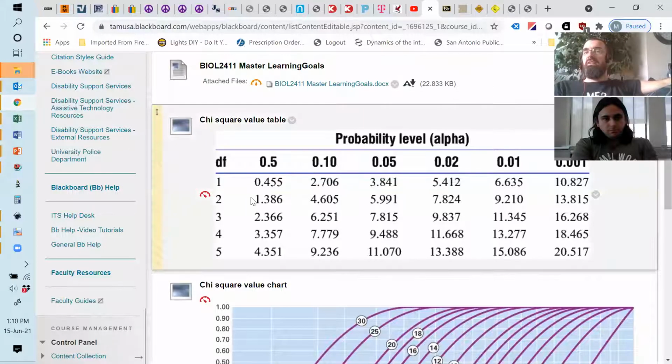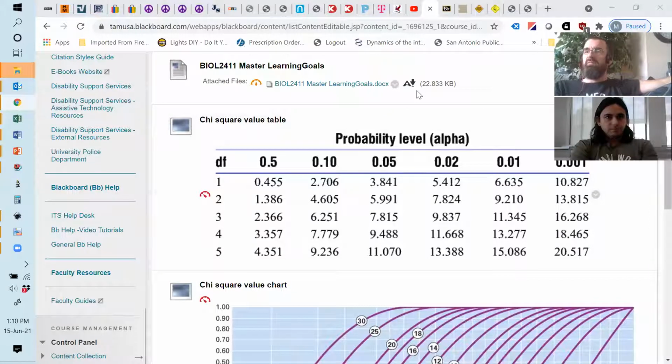On the chart, you're using the degrees of freedom and the chi-squared value, sorry, to work out the p-value up here. The information is the same, it's just a different way of getting at it. So my advice is just use whichever makes most sense to you. That help?